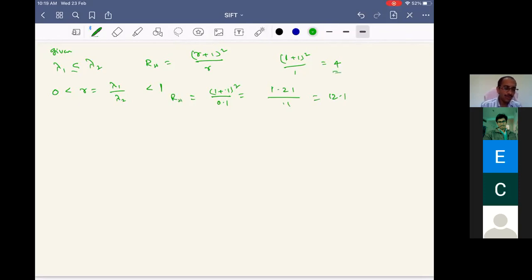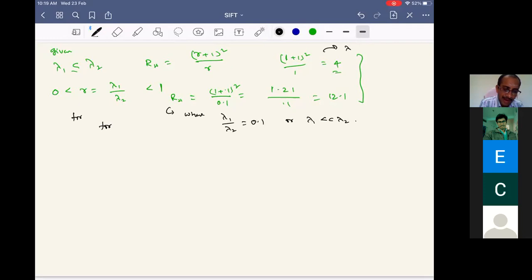If we would like to use RH and put a threshold to say whether it is an edge pixel or a corner pixel, how should I use this measure? This is the case where lambda 1 by lambda 2 is equal to 0.1, or lambda 1 is smaller than lambda 2. This is that case.